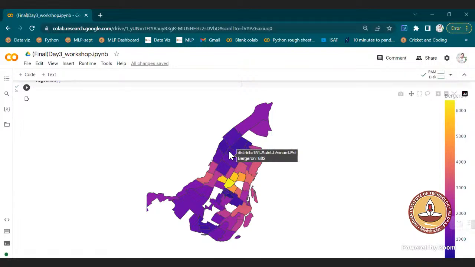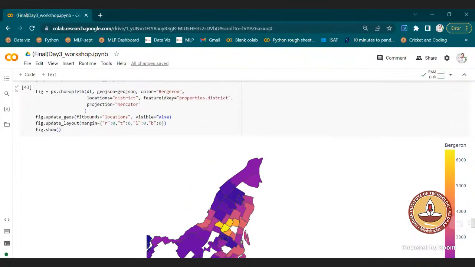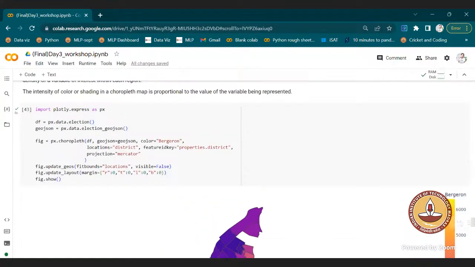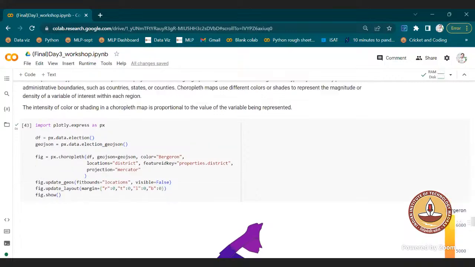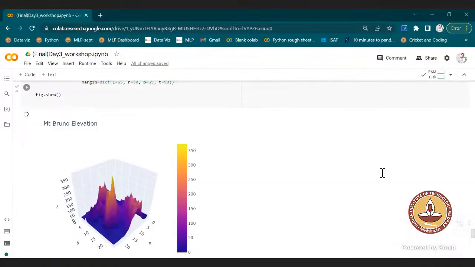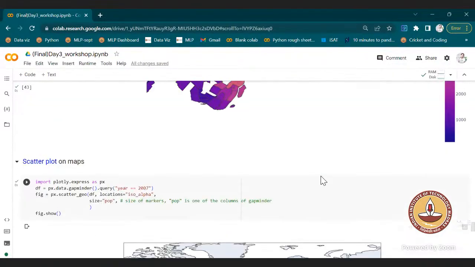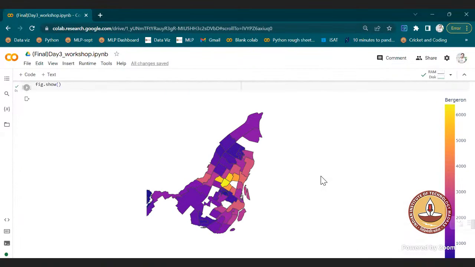Does anyone remember? Yes, sir, local state elections. Karnataka election happened recently. These types of charts are very helpful when you have to show something geometry-wise.